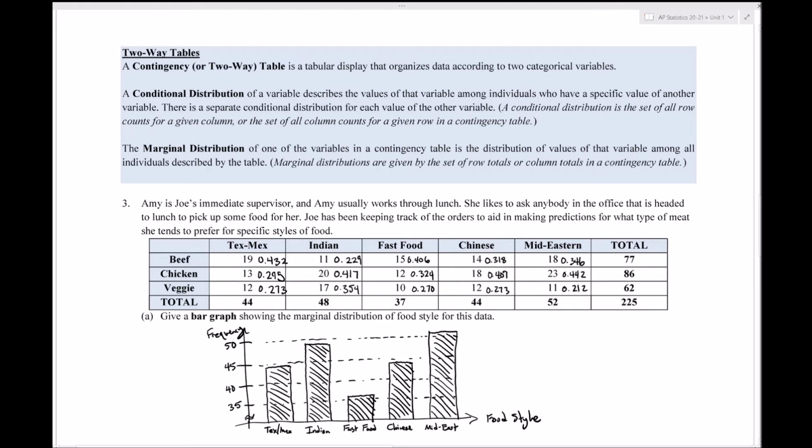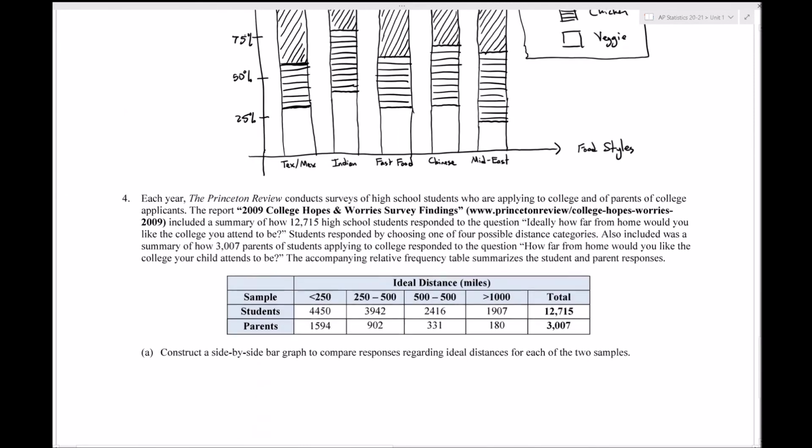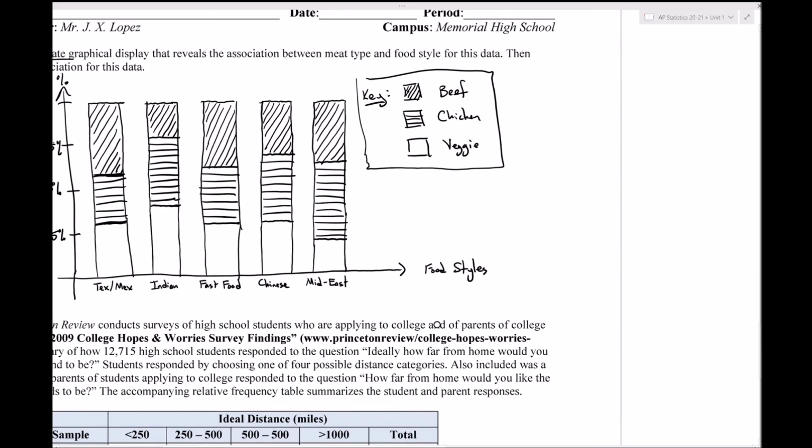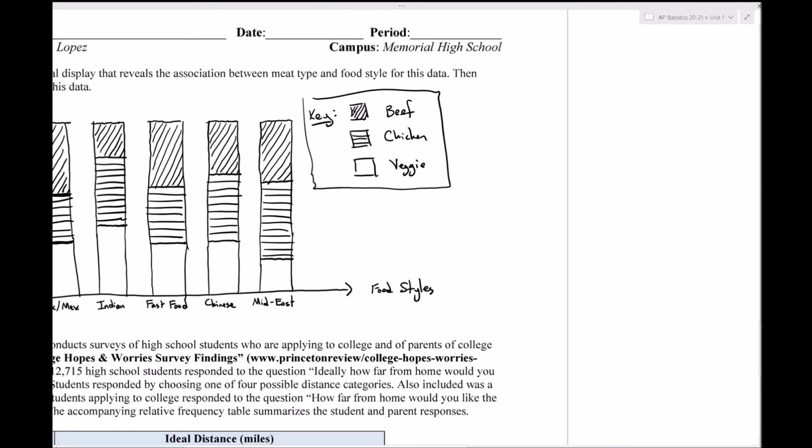So when ordering Tex-Mex or fast food, Amy tends to choose beef dishes, and is least likely to choose vegetarian dishes. So I'm going to write that in. And I'll let it bleed over outside of the page.